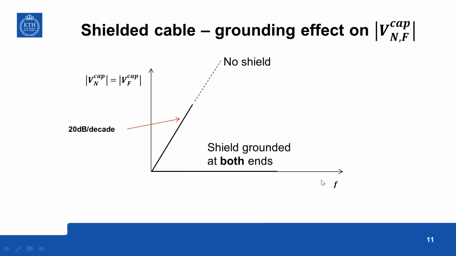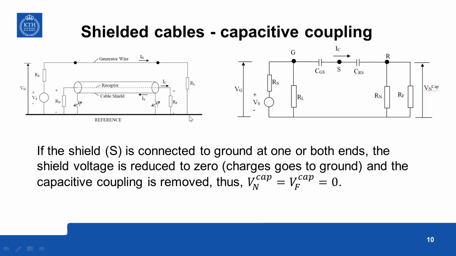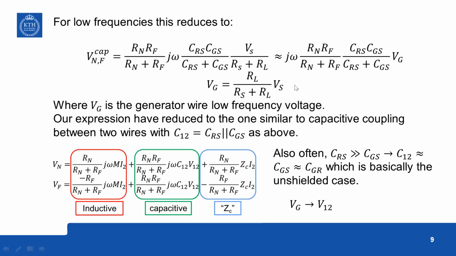This is a plot of frequency versus capacitive crosstalk, and in the case of capacitive crosstalk, near end crosstalk is always equal to far end crosstalk, irrespective of the impedances at near end and far end. So when the shield is not connected to the ground, even at one end, then we have this expression.